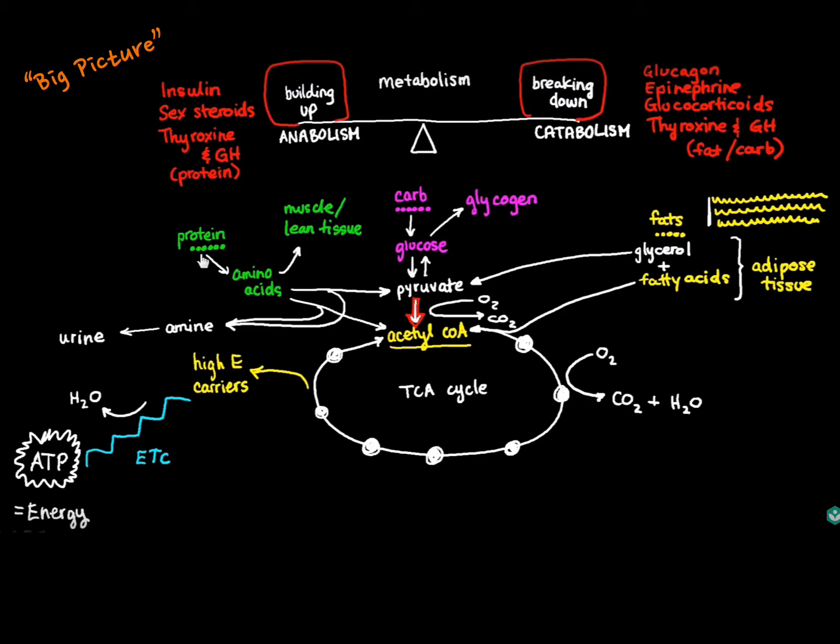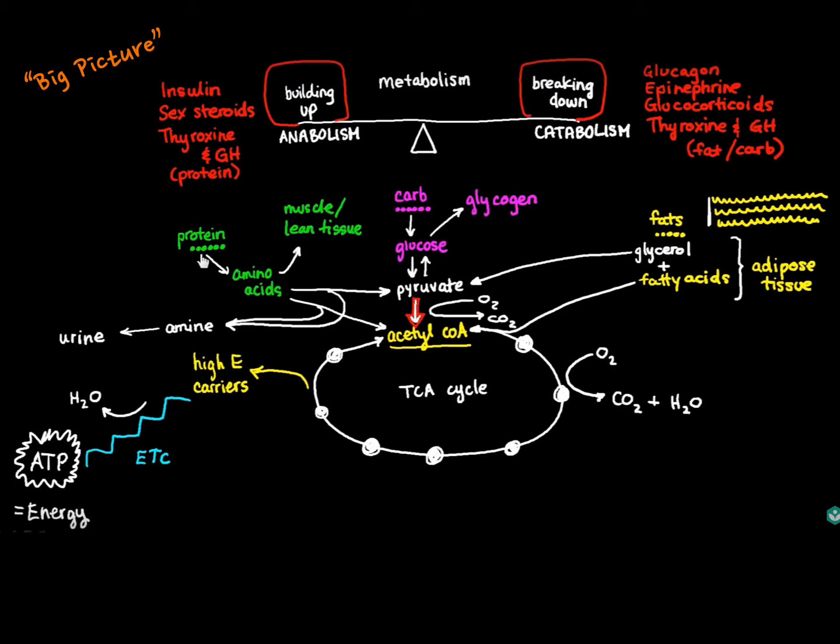In Chapter 19, we learned that acetyl-CoA produces high-energy electrons through the citric acid cycle, also called the TCA cycle or Krebs cycle. The high-energy electrons are carried by the electron carriers NADH and FADH2.